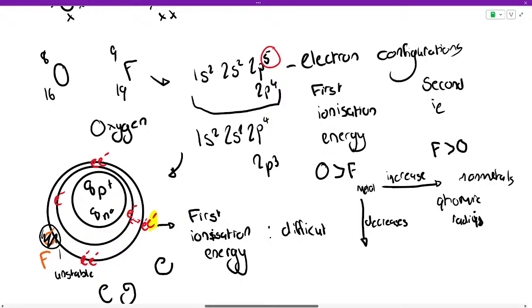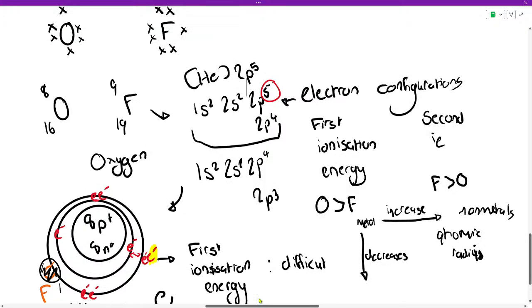This one is just the normal way with the noble gas. You just write a noble gas in place of that, and whatever is missing, let's say you have 2p5 missing, you write it there from the noble gas. That's known as noble gas notation.